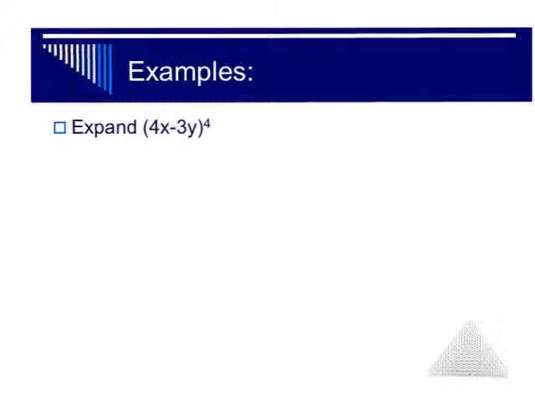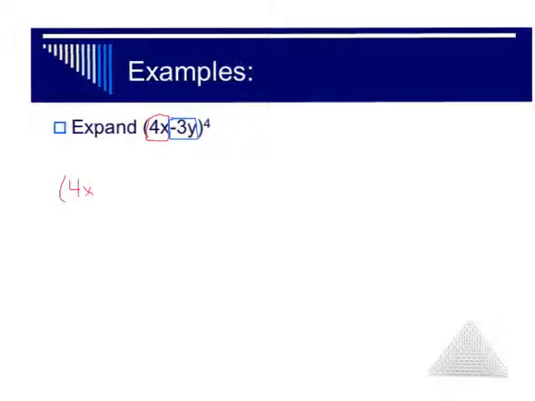One last example chosen because it's got the minus in there, and how does that affect things? This one won't be quite as long, but to expand this one out, I'll take 4x and the chunk minus 3y, and I'll write each of those out with various powers.